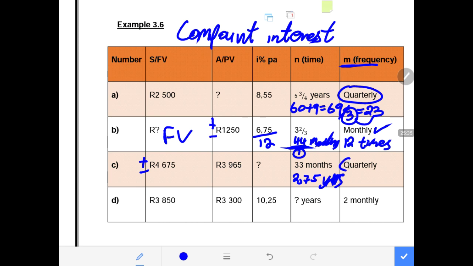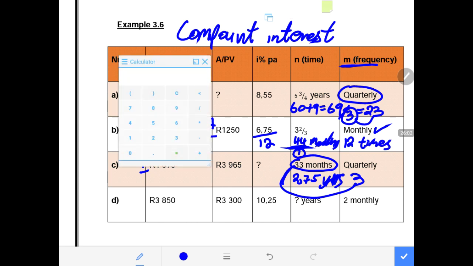Our interest is compounded quarterly. How many months do we have in a quarter? We have 3 months in a quarter. So if we want to move from the number of months into the number of compounding periods, we say 33 months divided by 3 months in a quarter.